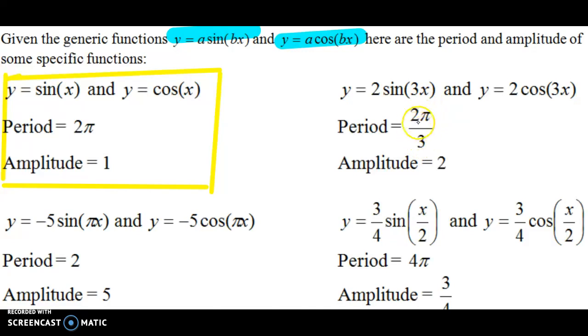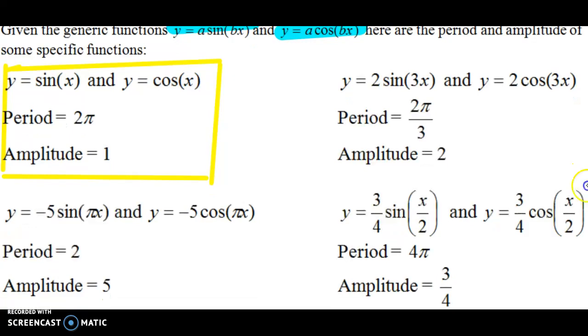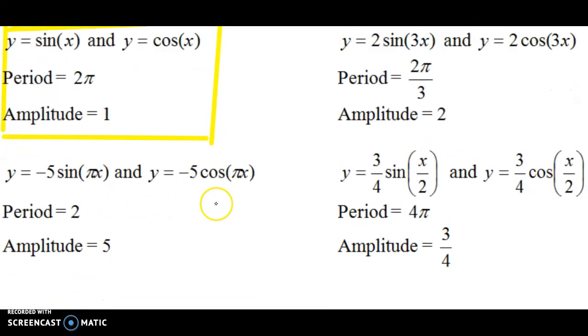Notice this time that our period is 2 pi over 3, and our amplitude is 2. Even for y equals 2 times the cosine of 3x, notice that they're the same for both. And then you guys can take a look here. Notice here, even though it's multiplied by -5, our amplitude is still +5.